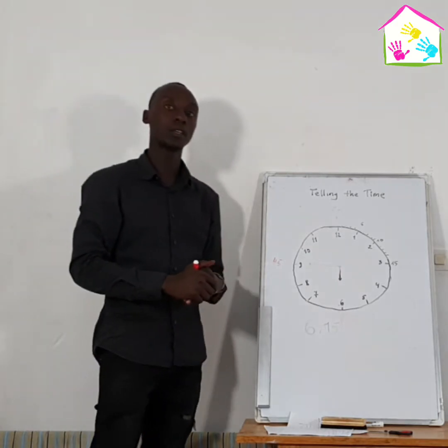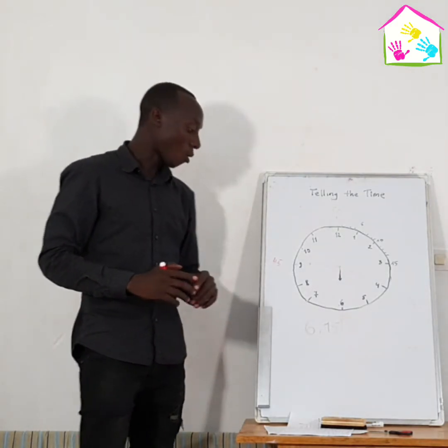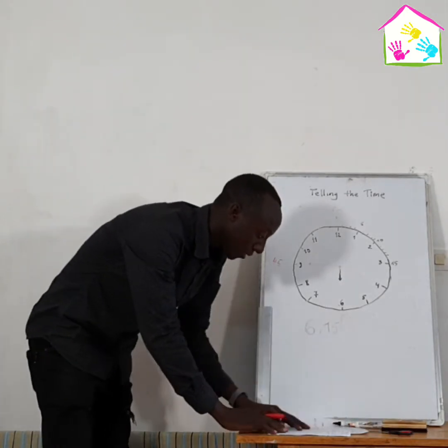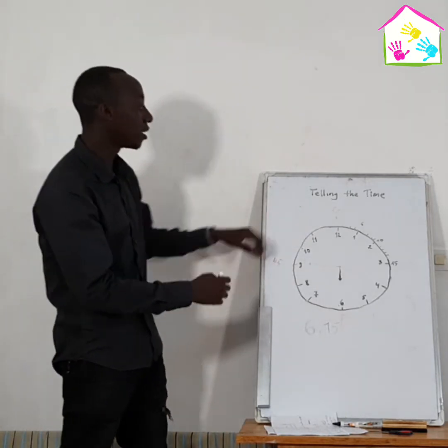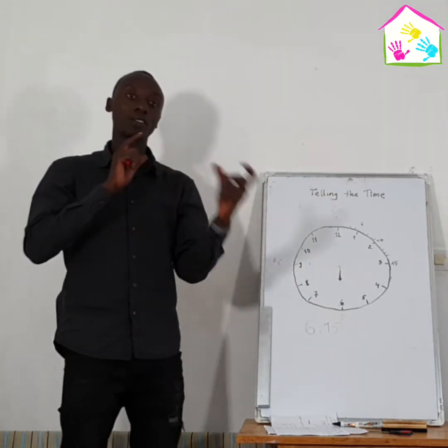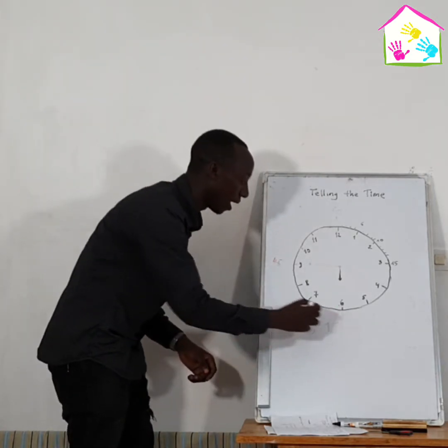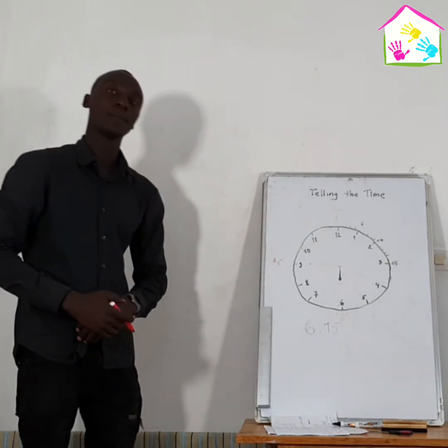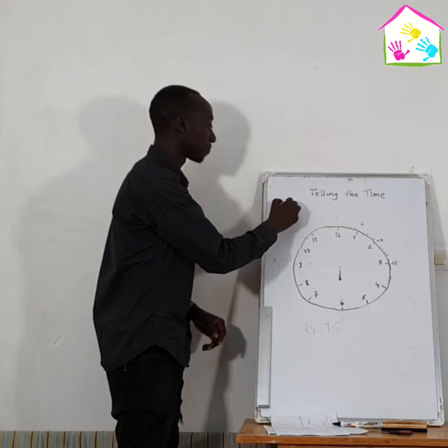How can we tell the time? We tell the time saying, so we are changing the mood here. When minutes are above 30, for example 31, we use to.